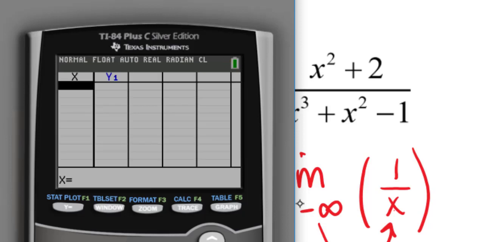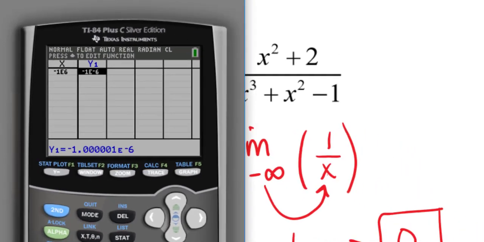So as x approaches negative infinity, might be something like negative 1 million or negative 10 million, negative 100 million, however large you want to calculate. And this is saying that the y value for that is negative 1 times 10 to the negative 6. So that's approximating your 0 for you.